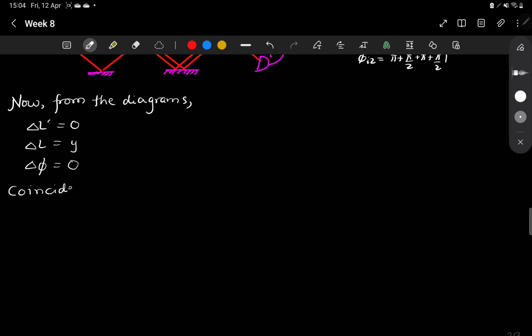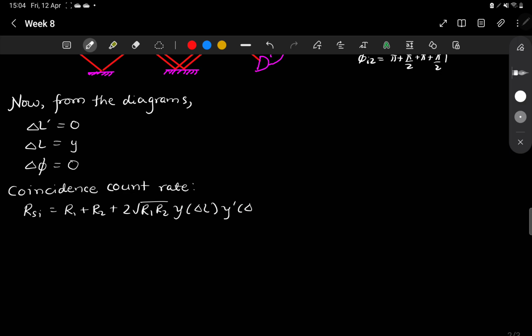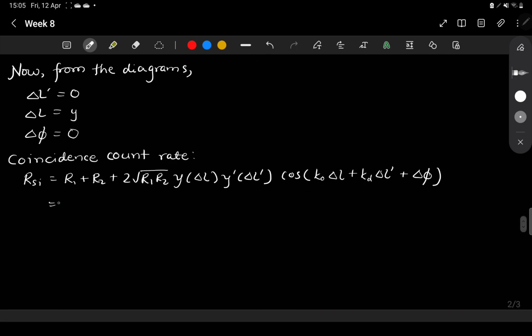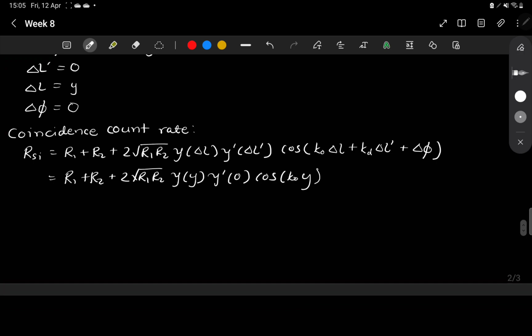So now the coincidence count rate. Delta L prime is 0 and delta phi is also 0, so only k naught delta L survives, which is k naught y.